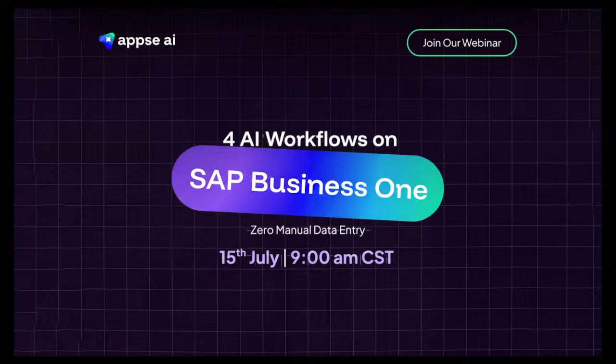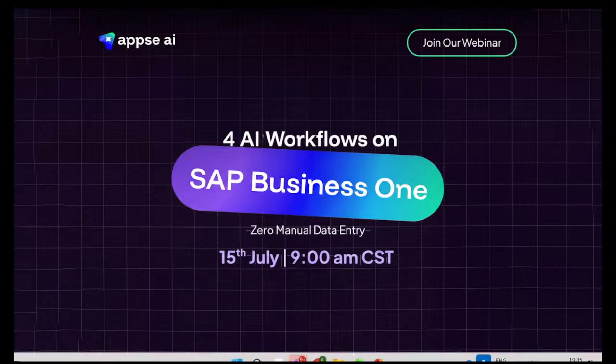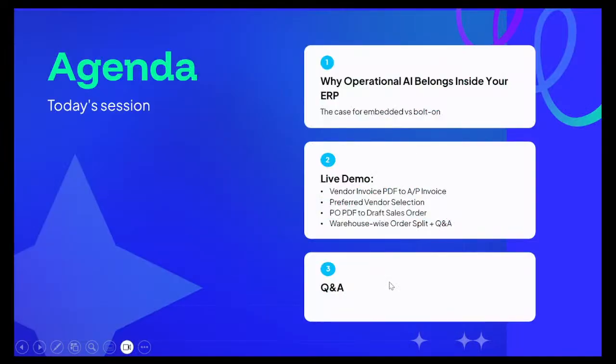So let me share my screen. Today's agenda is why operational AI belongs inside your ERP. The live demo that we are going to cover is vendor invoice to PDF.